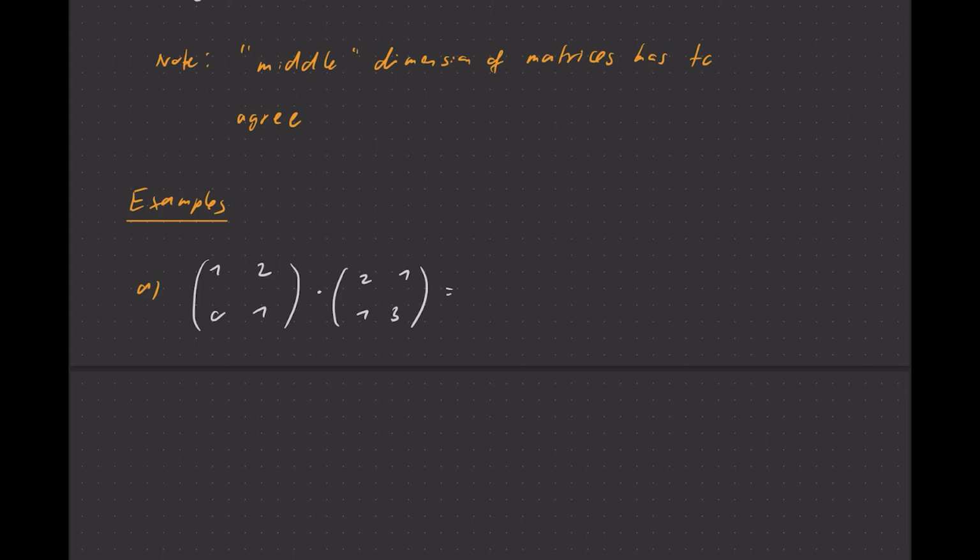Well, we'll start with the first row of our left-hand side matrix. Now this will be responsible for all entries in the first row of the result. So we'll need that first row, 1, 2, for the first column of the result, and we'll also need it for the second column of the result.